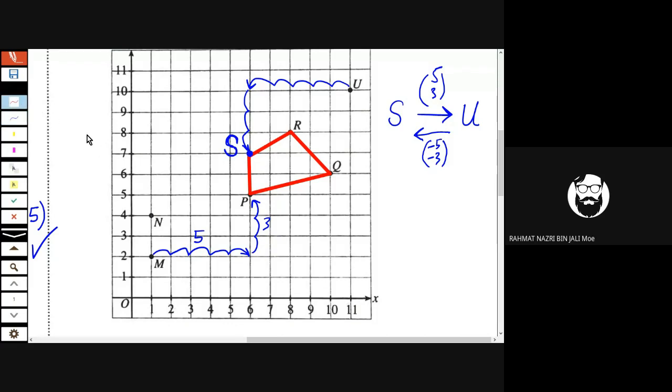Soalan C, state the relationship between line MN and line PS. Sekarang dia mahu relationship between line PS and MN. Apa kaitannya? Jadi kaitan dia kita boleh find out menerusi movement dia.